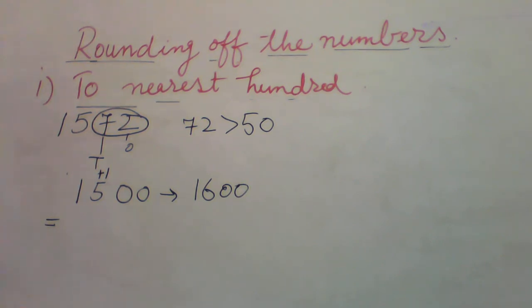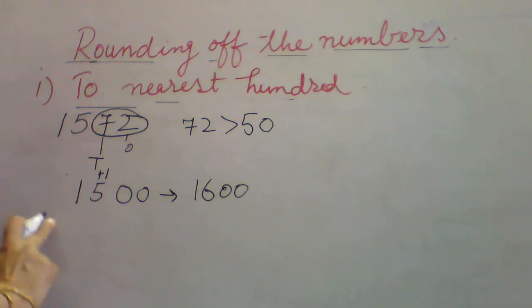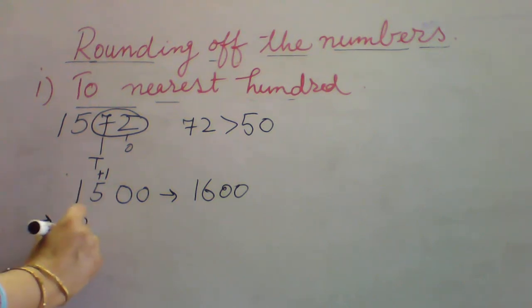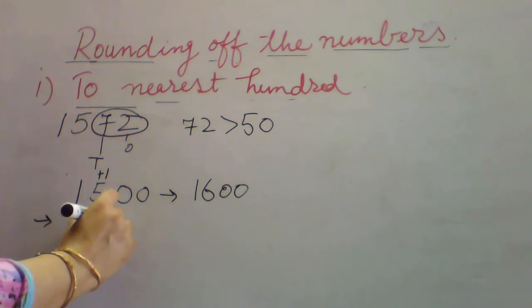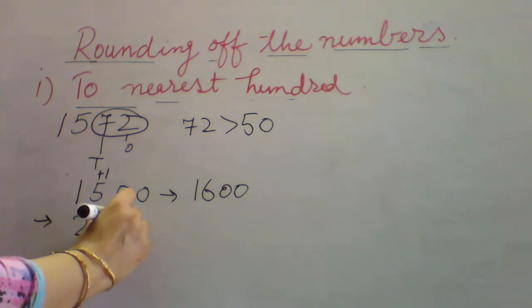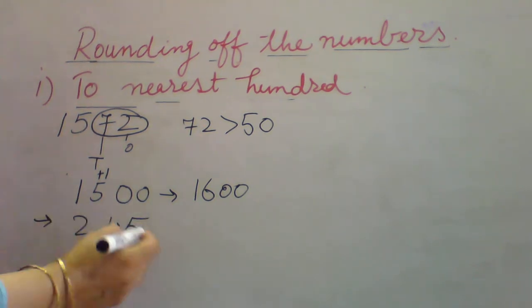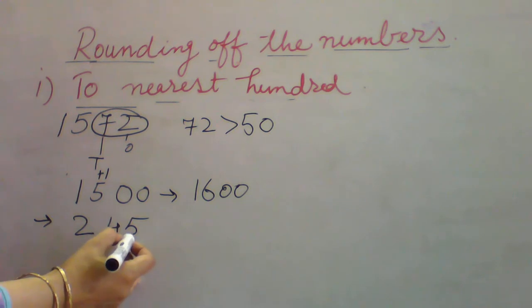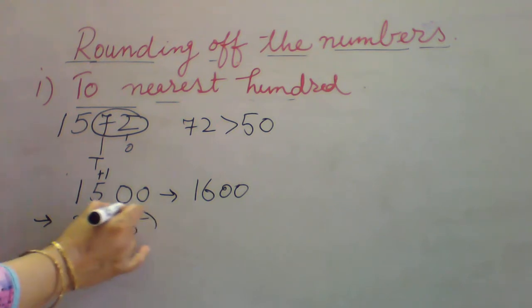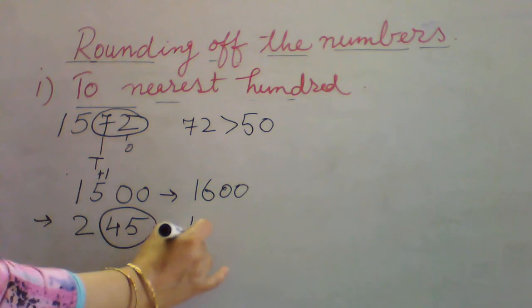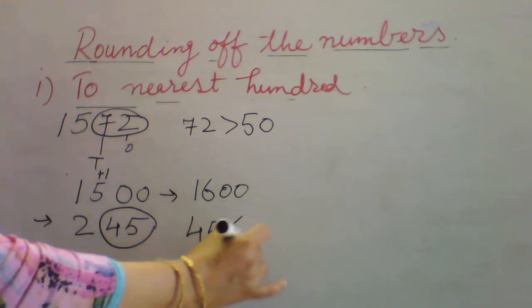Now another example. In this example, I am taking the number 245, and we have to round off this number to the nearest 100. We will check the number formed by the ones digit and the tens digit. The number is 45, and it is less than 50.